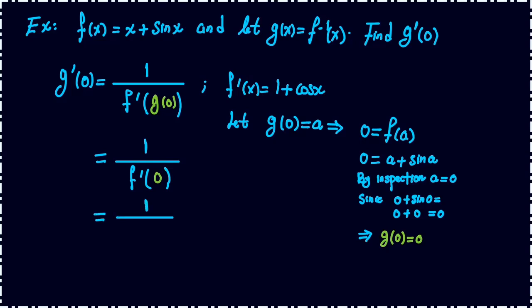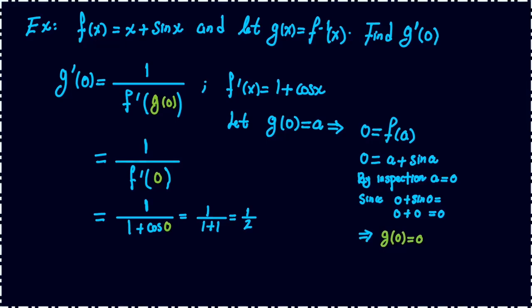The derivative of f is 1 plus cosine of x. Plug 0 for x. So you're going to get 1 plus cosine of 0, and that's equal to 1 over 1 plus cosine of 0, which is 1. But we end up with 1/2.